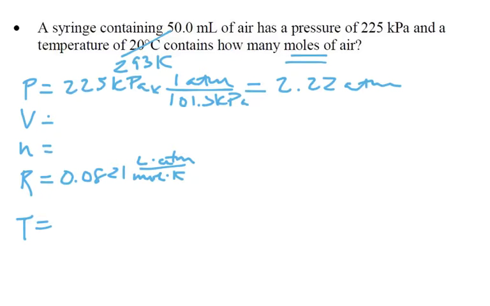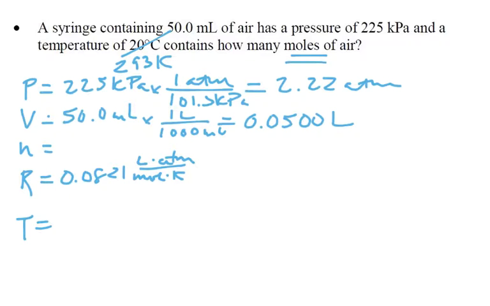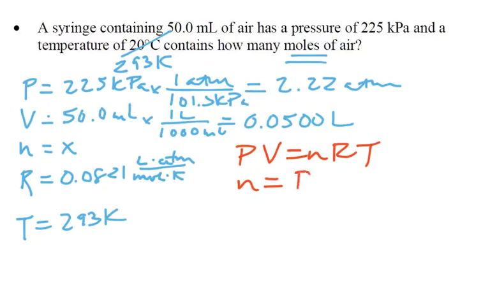My volume is 50 milliliters, and I need to change that to liters. There are 1,000 milliliters in 1 liter, so I move my decimal point 3 places and get 0.0500 liters. We're looking for the number of moles, and the temperature is already 293 Kelvin. So PV equals nRT. I like to solve for n, so n is equal to PV over RT.